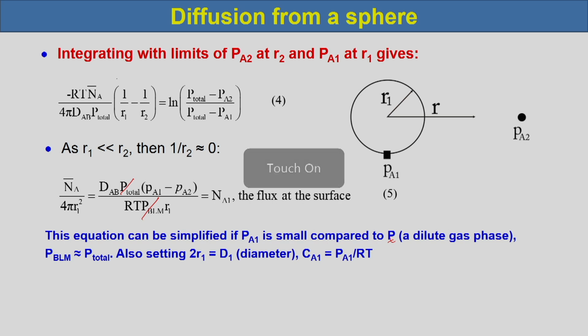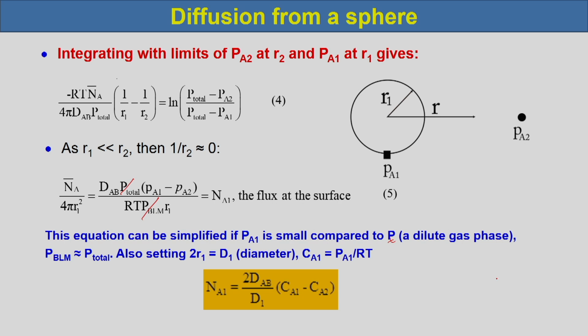So, the above equation will reduce to Na1 equal to twice dAB by D1 into CA1 minus CA2.